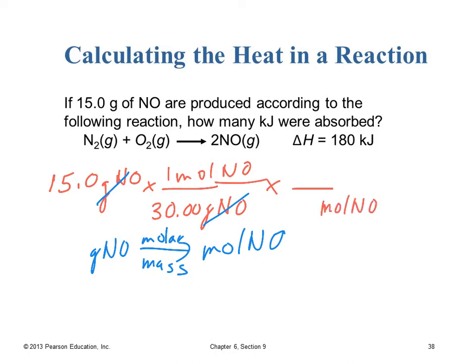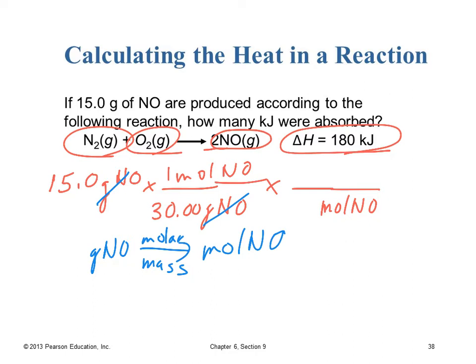I don't want moles of nitrogen monoxide. What do I know about moles of nitrogen monoxide that would do me good? Well, I know I want kilojoules. Do I know a relationship between kilojoules and number of moles? Yes. A chemical equation gives you the relationship between any of the substances in it and the change in enthalpy, or the change in heat.